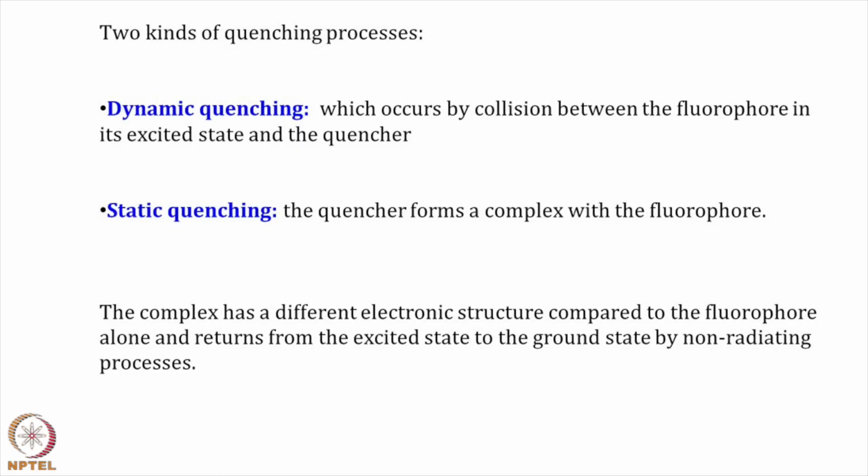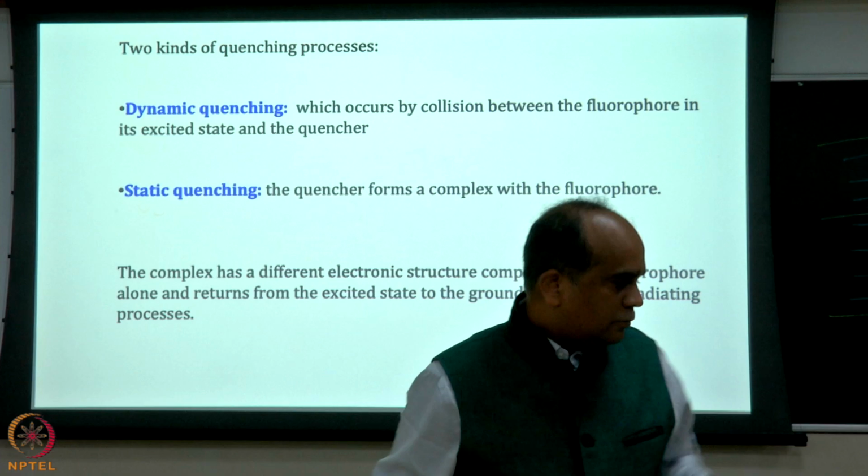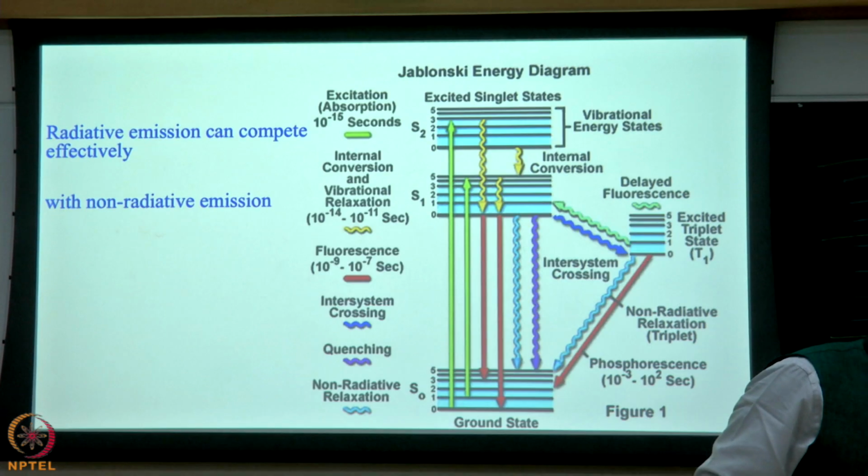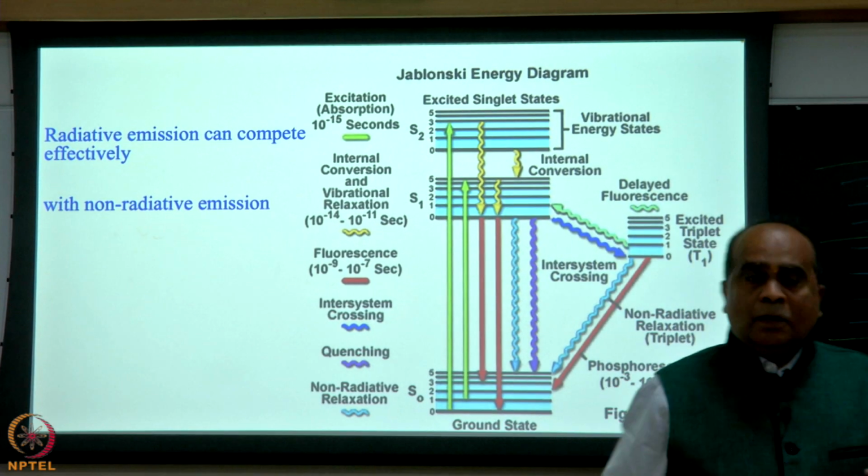That tells you the fluorophore information. There are two kinds of quenching, one is called dynamic quenching, another is called static quenching. Dynamic quenching happens because of collision between the fluorophore in the excited state and the quencher. Let us go back to the Jablonski diagram.